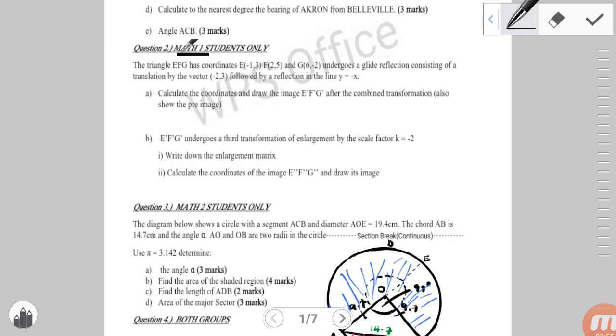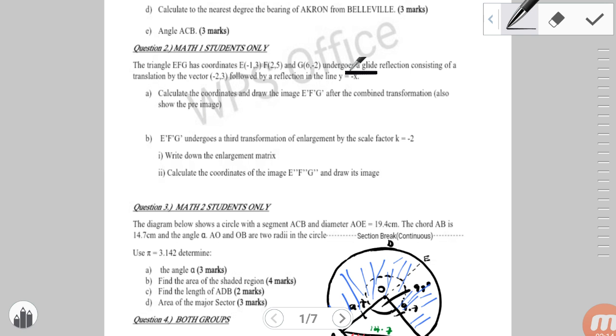Alright, so it says here that the triangle EFG has coordinates, E being at the location (-1, 3), F being at the position (2, 5), and G being at the position (6, -2).